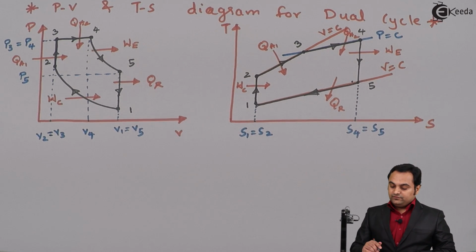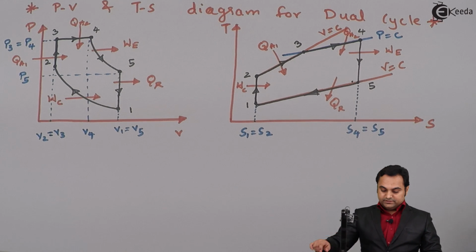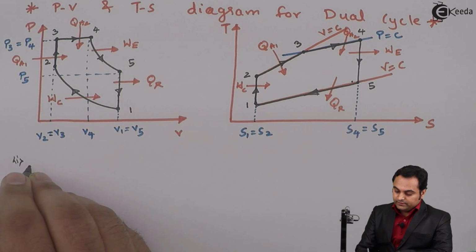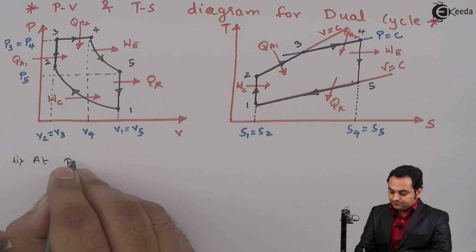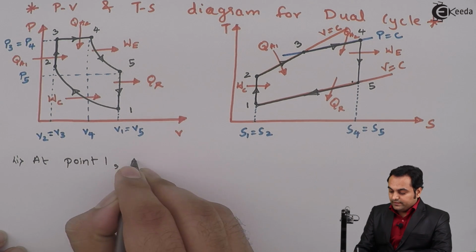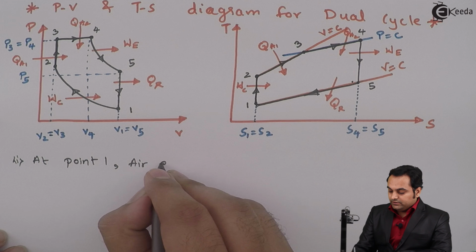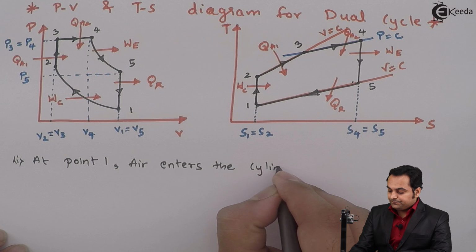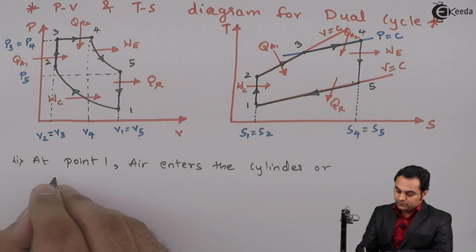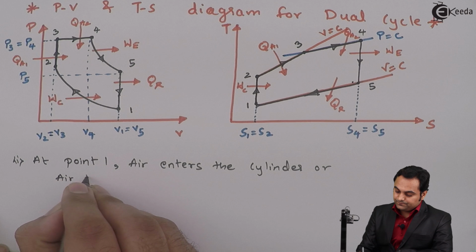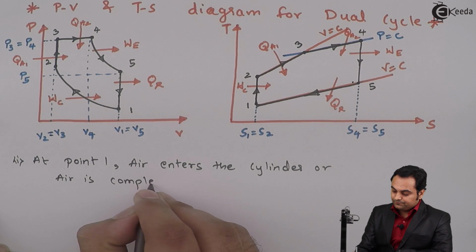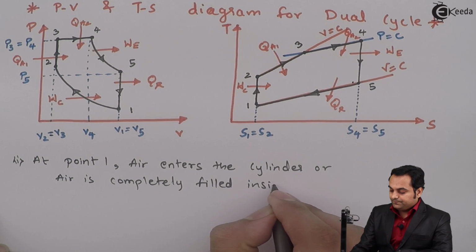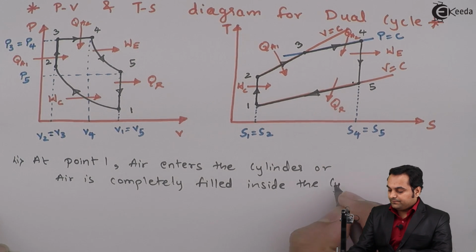Now after showing all the terms here, next I will be explaining this cycle in such a way that first of all at point 1 air enters the cylinder, or air is completely filled inside the cylinder.